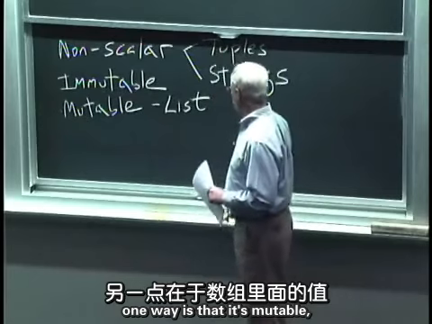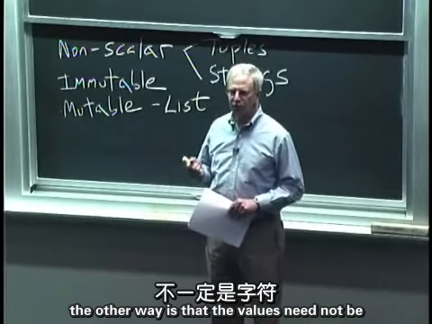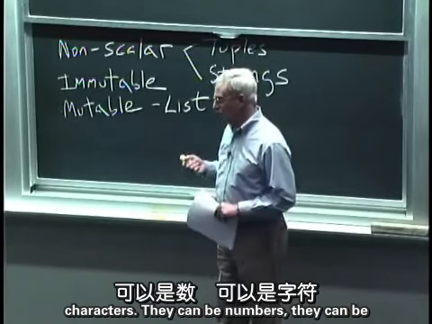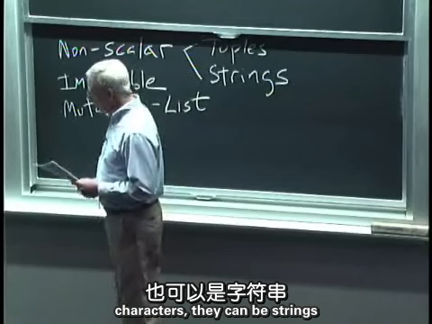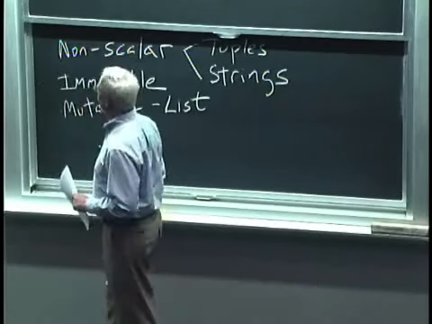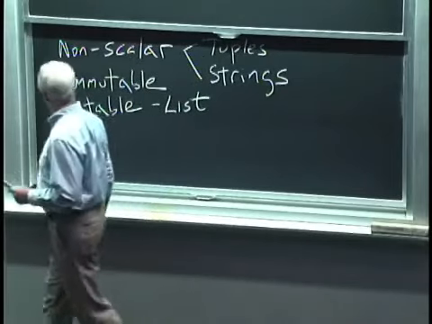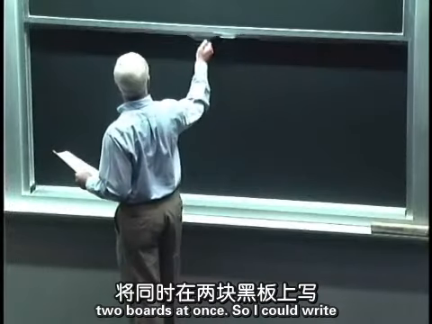One way is that it's mutable. The other way is that the values need not be characters. They can be numbers, they can be characters, they can be strings. They can even be other lists. So let's look at some examples here. What we'll do is we'll work on two boards at once.